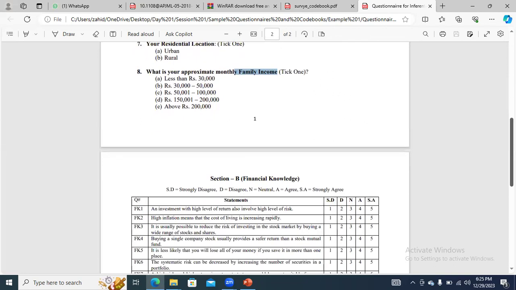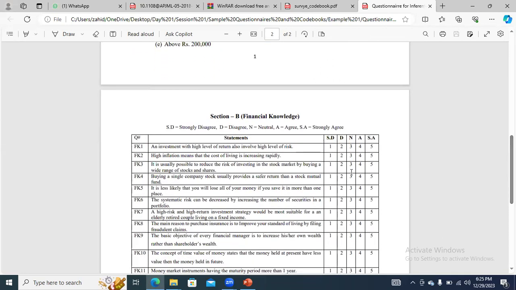any of the options. Then in the second part, you may ask different questions in terms of statements in order to measure your variables. Like, I would like to measure financial knowledge, and I have used strongly disagree to strongly agree on a 5-point Likert scale. I ask the respondent whether he agrees, disagrees, or is neutral on these statements.